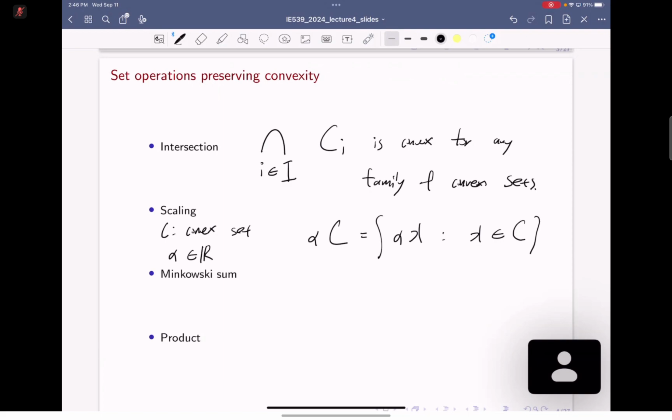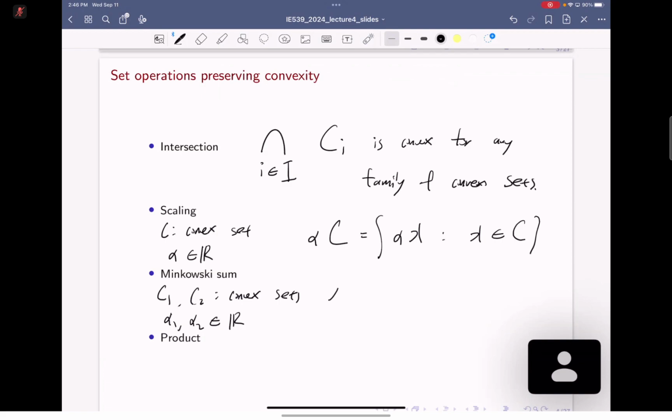And the Minkowski sum. Let's say C1 and C2 are convex sets. Last time I took K convex sets, but you can recursively apply this operation. So let me just take two sets, and alpha 1 and alpha 2 are any scalars. They don't have to be non-negative.